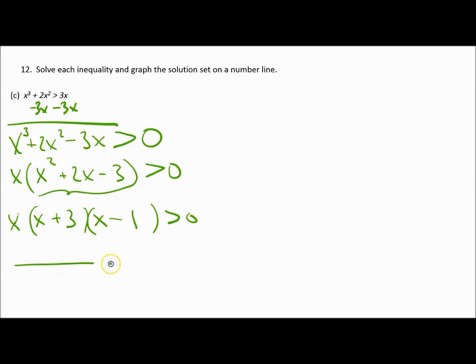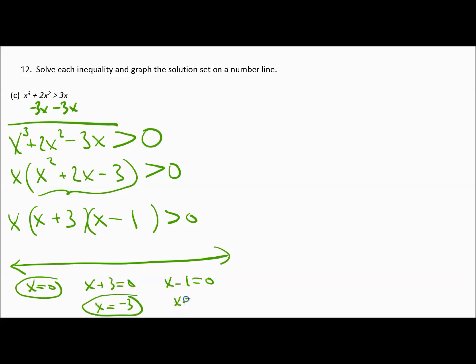Now, in terms of what goes on my number line, there's 3 different things I'm setting equal to 0. Like this first guy right here, I set him equal to 0. And then I set x plus 3 equal to 0. And I set x minus 1 equal to 0. So that's one of my results. Negative 3 is another one. And 1 is the last one. Now remember, these aren't my answers.